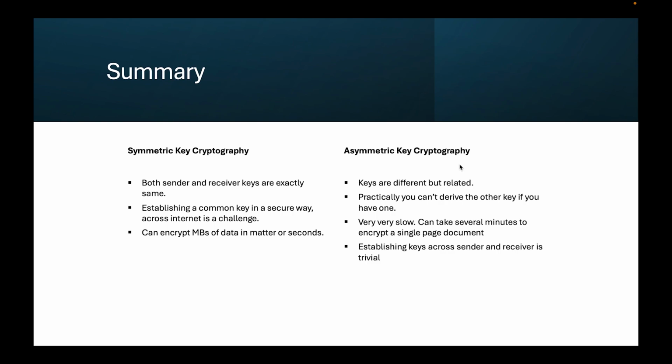The summary section is pretty much what I mentioned. You have to remember that symmetric cryptography is characterized by the fact that both sender and receiver have the same key, and in asymmetric cryptography, they will have essentially different keys. These different keys are arbitrarily labeled as public key and private key, which means that when you deploy asymmetric cryptography, you generate a pair of keys.